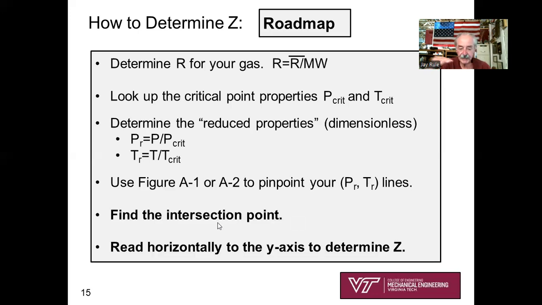You find the intersection point of the PR and TR axes, and then you read horizontally across to determine what Z is. It is simple as that. Okay, so once you've found the intersection point, so this is kind of like a Y and an X, isn't it? Once you find a Y and an X, then you find that intersection point and read horizontally to determine Z, the compressibility value that's going to be somewhere around 1.